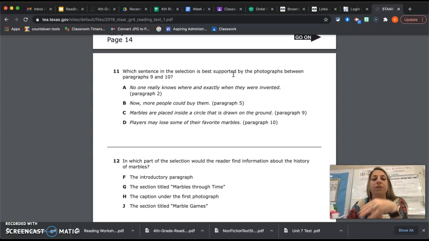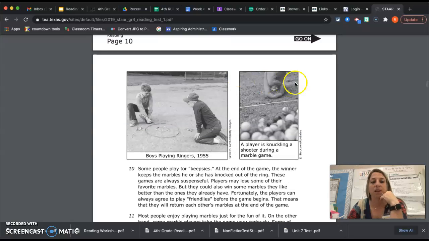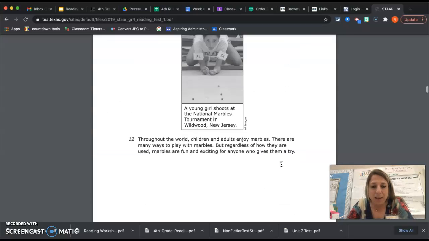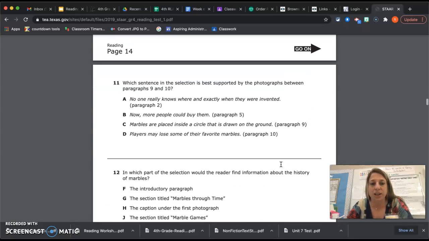And so I would have to go back and look at the photographs and go, okay, this is what is happening. Let me read the caption here, make a little inference about what is happening, and then decide, okay, which one of these matches those pictures.